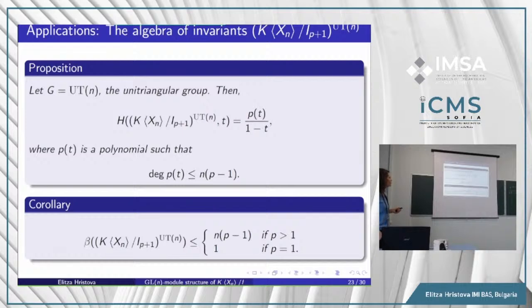Based on our bounds on the GL_N module decomposition, we can bound the degree of this polynomial in the numerator. So this is a bound on the degree. And based on this form of the Hilbert series, we obtain that the maximal degree of a generator of our algebra of invariants is bounded in this way. When p is greater than 1, it is n times p minus 1, and it's 1 in the case when p is 1.